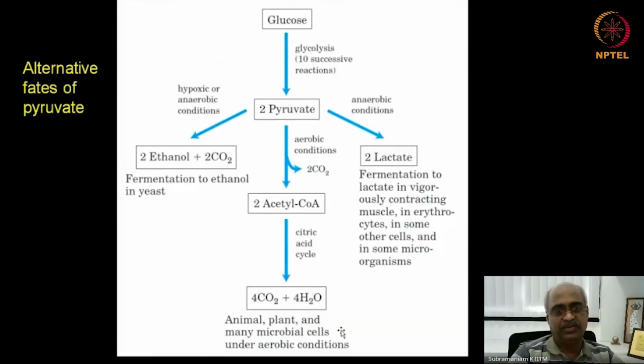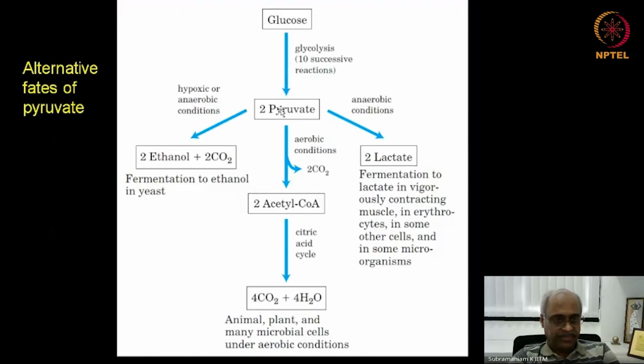So far we have seen glucose to pyruvate to lactic acid, as well as pyruvate to ethanol. A third fate of pyruvate happens when you have plenty of oxygen available, which is the normal situation in all our cells. There the pyruvate gets oxidized to carbon dioxide. Remember, in terms of oxidation states of carbon, carbon dioxide is the most oxidized stage.